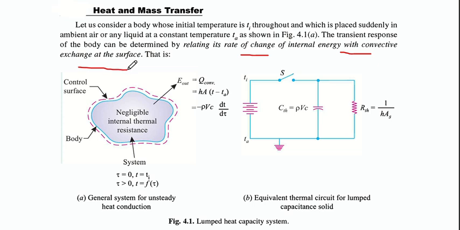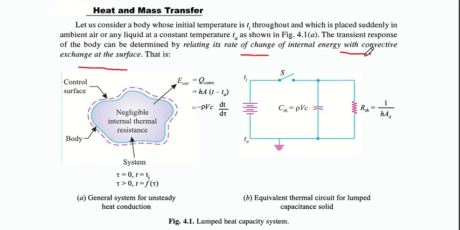Obviously there should be a heat transfer. If I am placing a 50 degrees Celsius body in 20 degrees Celsius or any temperature below it, obviously there should be heat transfer from the body to the ambient temperature, right? So the condition we are taking is that there would be an internal energy change of the body, and the rate at which internal energy changes we are relating with the convective exchange.